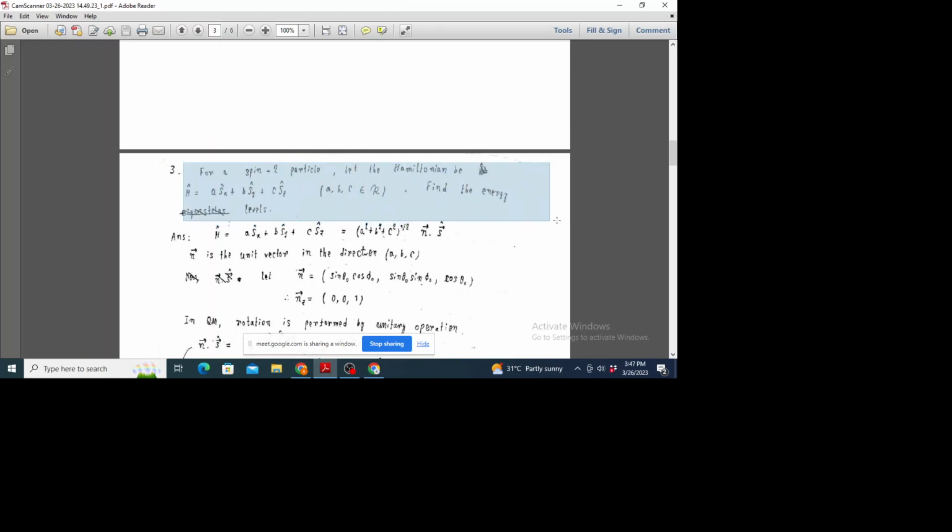So given this spin 2 particle with the Hamiltonian, that is a linear combination of spin angular momentum components, we have to find the energy levels. So A, B and C are three real numbers, and this ensures that the Hamiltonian is Hermitian.